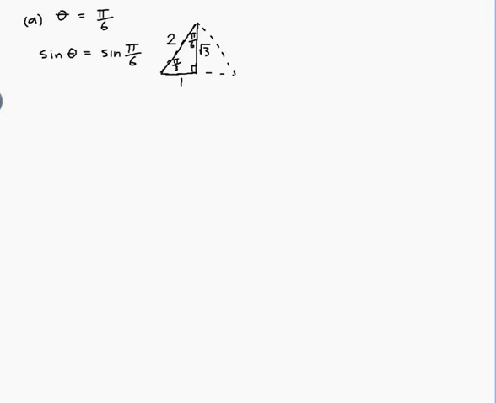This is the triangle I use in order to calculate sine and cos of pi on 6 and pi on 3. So sine of pi on 6 would be opposite over hypotenuse. So pi on 6 is here, and the opposite side is here, and the hypotenuse is here, so sine of pi on 6 is 1 over 2.